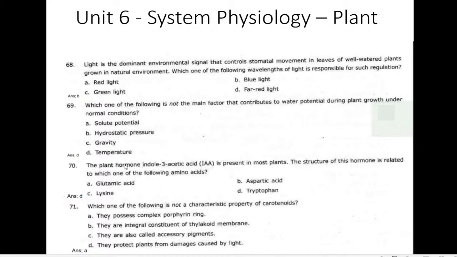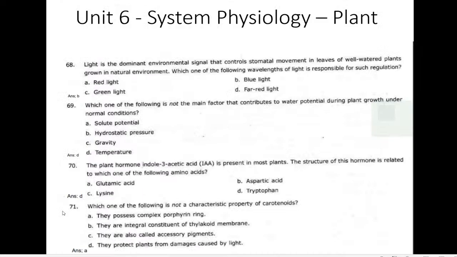Indole acetic acid structure depends on the amino acid tryptophan. Just google the indole acetic acid structure and compare it with the tryptophan structure, which is related.